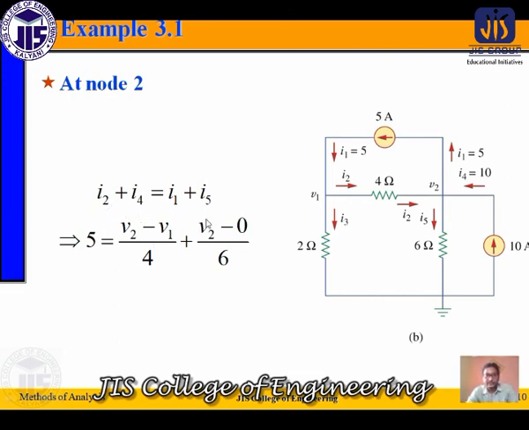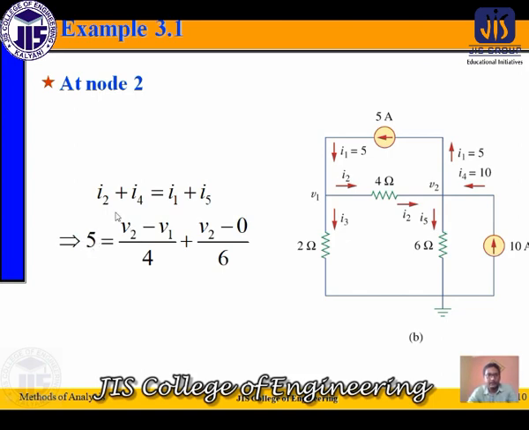Now just put the values of I2, I1 and I4. I4 is on the left side and I1 is on the right side. As I1 has a value of 5 and I4 has a value of 10, if we take it to the left side it will be I4 minus I1, which is 10 minus 5 equals 5.